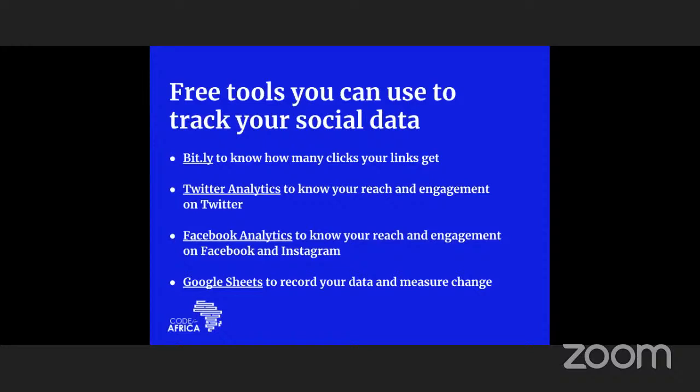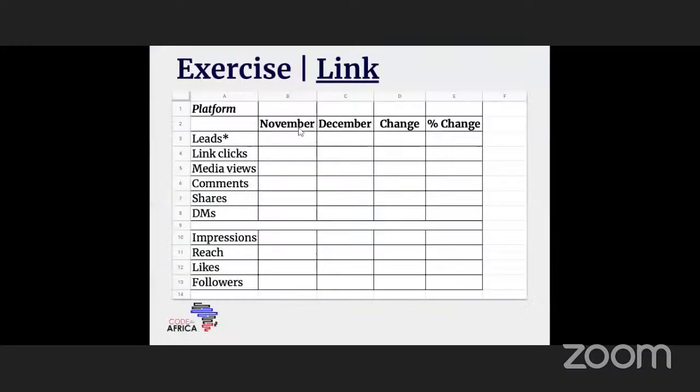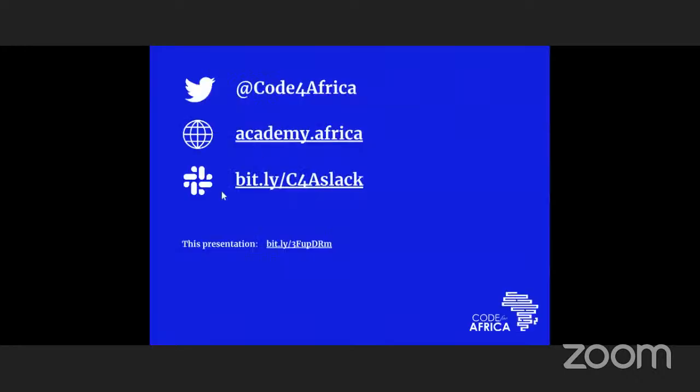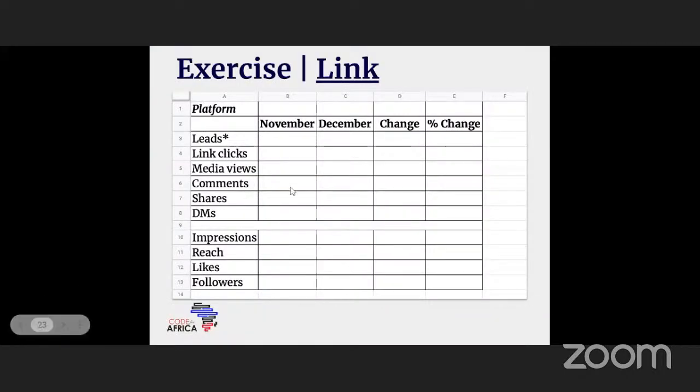So it's very important. For instance, this is an example of a Google Sheet where, in November, you could see your work in terms of the link clicks your platform has gotten, the media views, the comments, the shares, the direct messages, the impressions, the reach, the likes, the followers, and stuff like that.